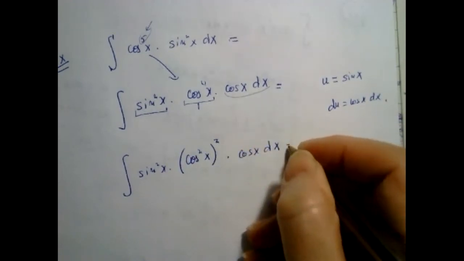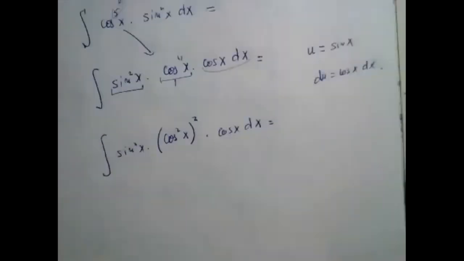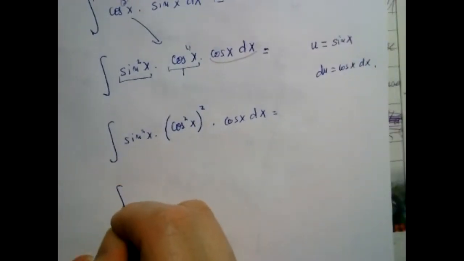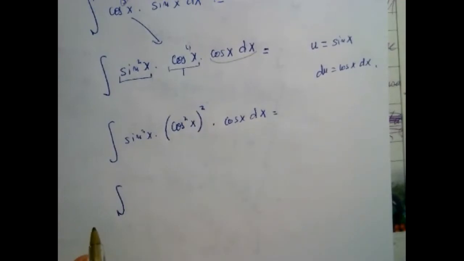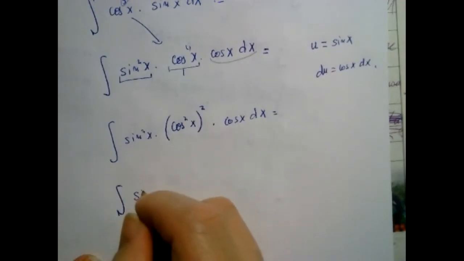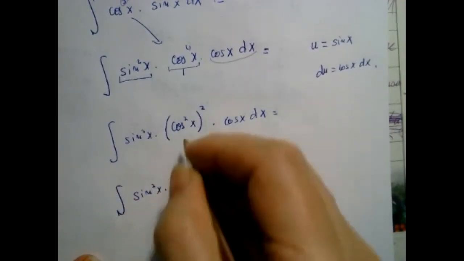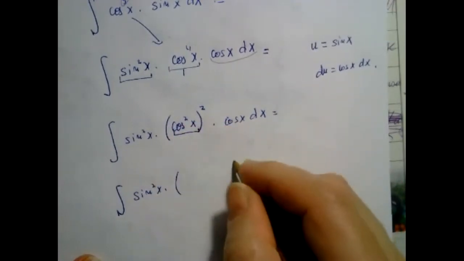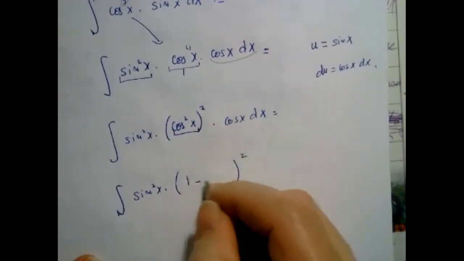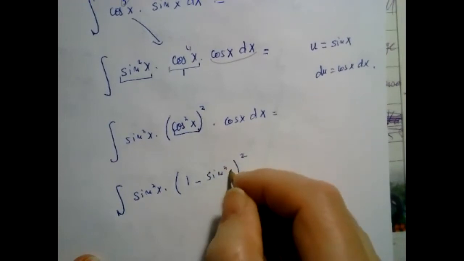I didn't substitute yet. I'm not ready. I want everything in terms of sine. But do you see why I did that? What's cosine squared? 1 minus sine squared. Okay.